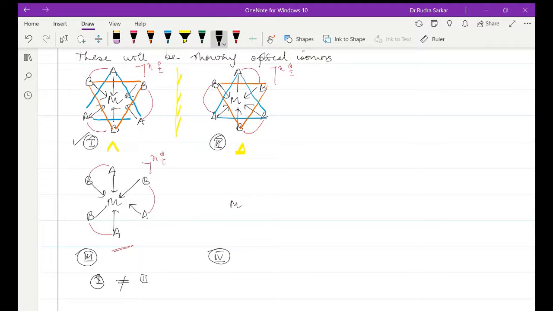What will we say for structure 3, what will the mirror image be? Again, we have to imagine one mirror plane and place the donor atoms.